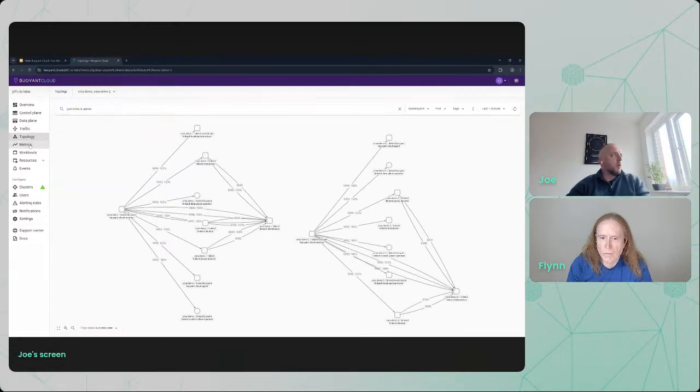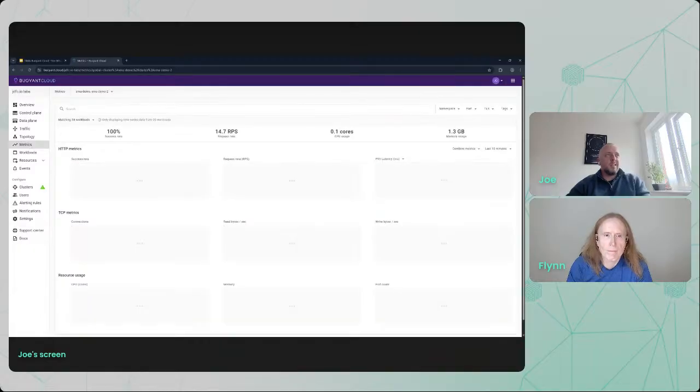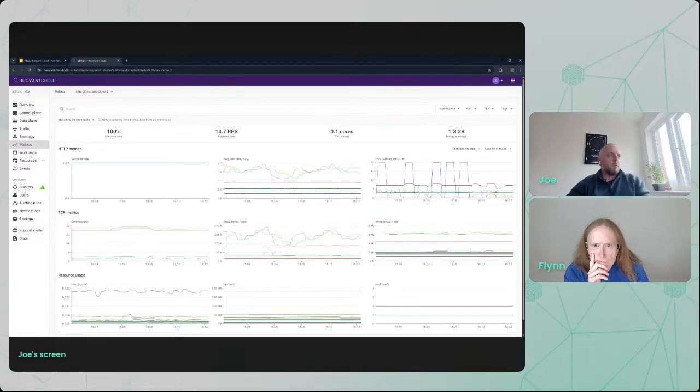I'm not going to go over that much more. Metrics, again, this is one of my favorite views because it's a lot of information in one place where I don't have to do too much clicking around and too much scrolling. I can get a decent overview of the big metric: is anything failing, and is everything successful?